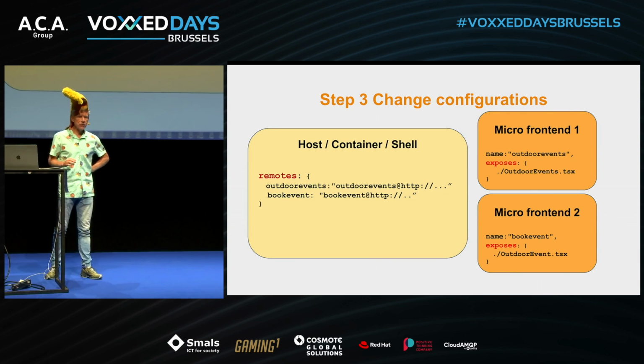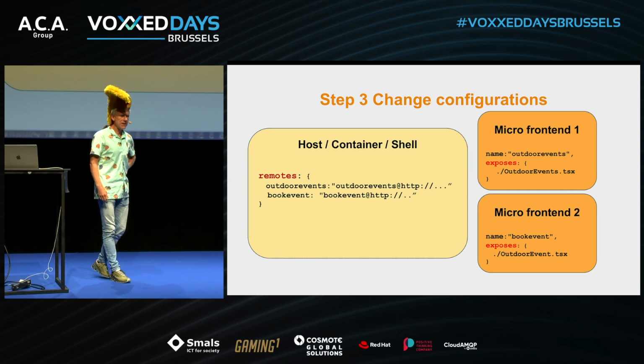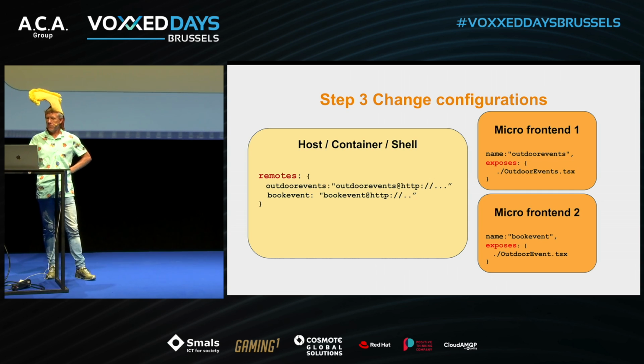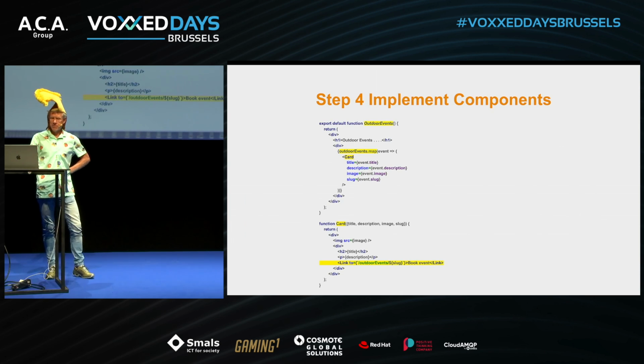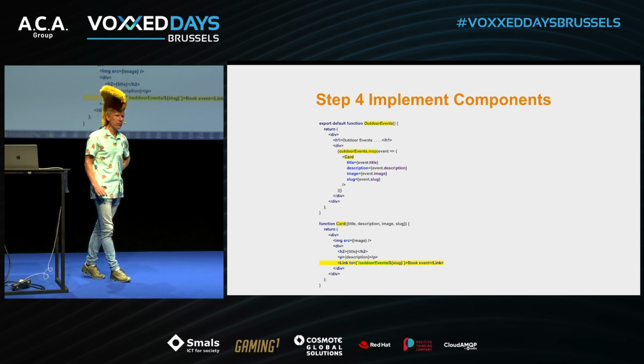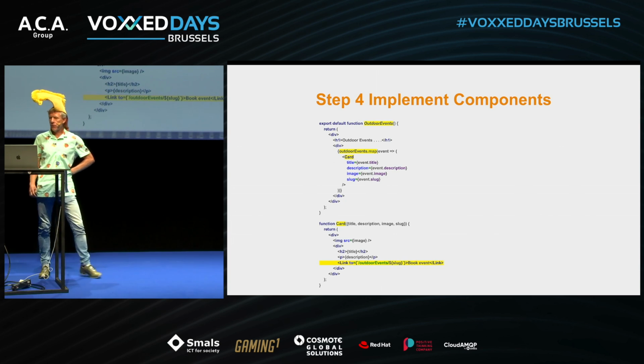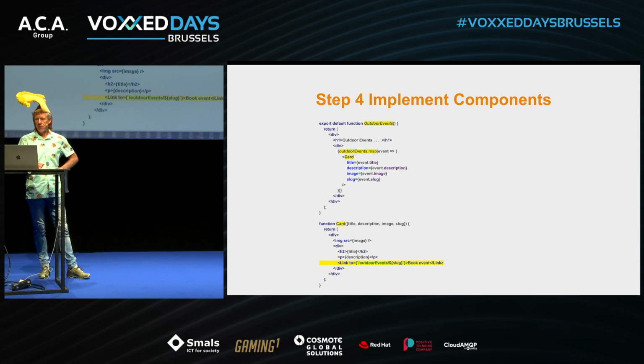Step 3 is to change your configurations. I've talked about it already, so that's quite simple and easy for you now. You fill in the remotes section for the shell, and the exposes section for your micro frontend. You have to implement your components. Here you see a very simple component for the outdoor events, where you loop through a list of events with a map.